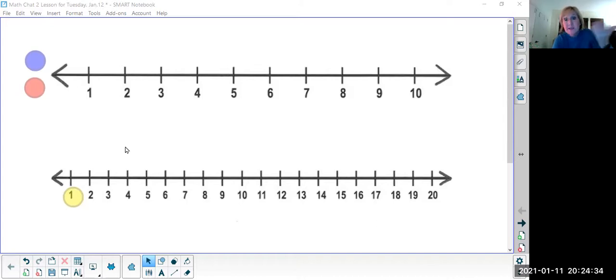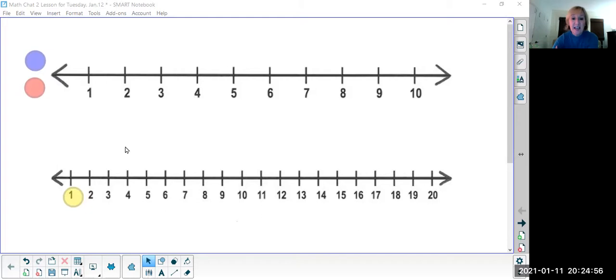So 2 is 2. Now what is 1 more than 2? If I said 2, what number comes after 2? 2, 3, right, 3. So 1 more than 2 is 3.